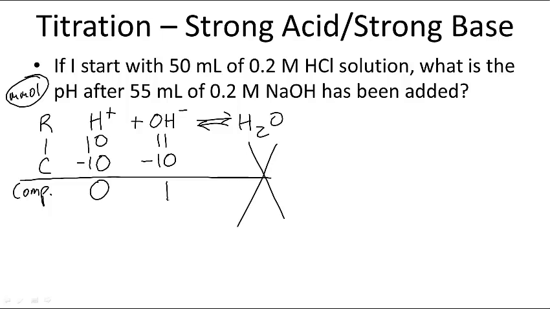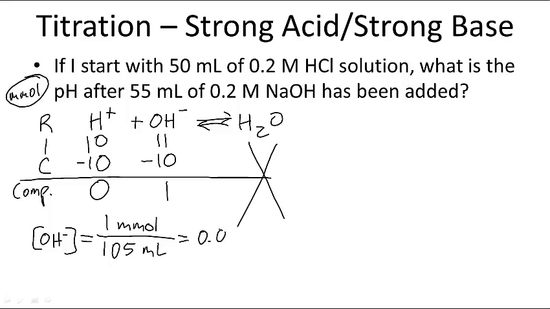To get the pOH, I need the concentration of OH minus. So I have 1 millimole of it. What's the total volume? 105 milliliters. So that's going to be like 0.009 something. What do we get? 0.0095.